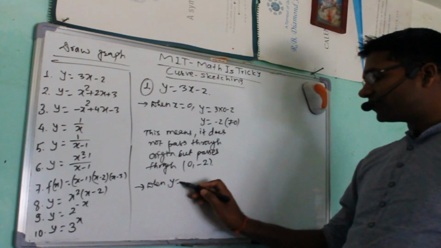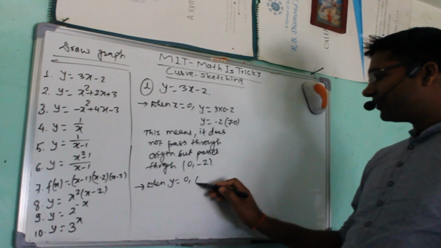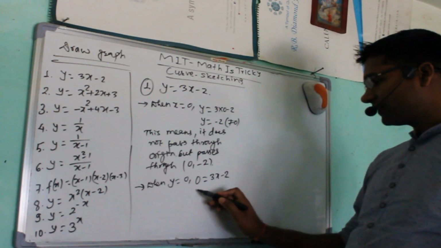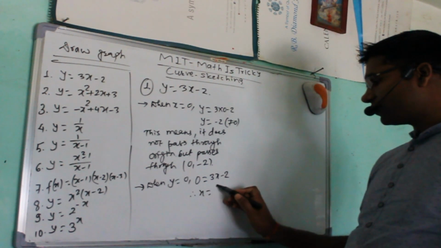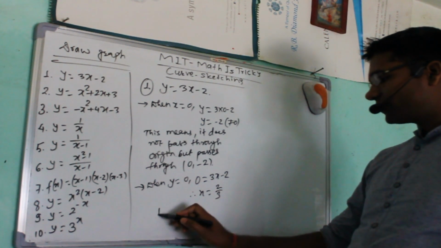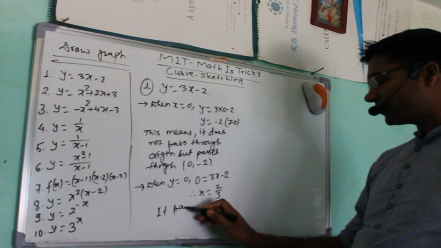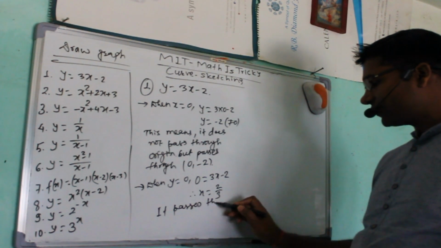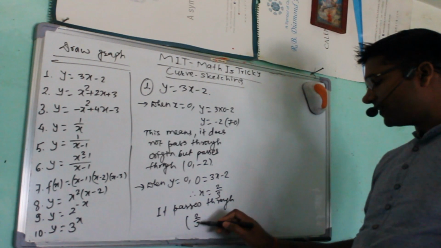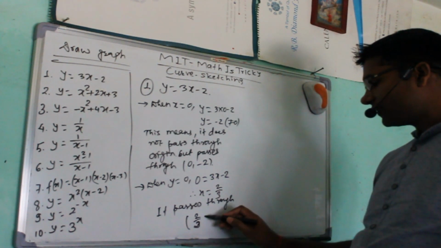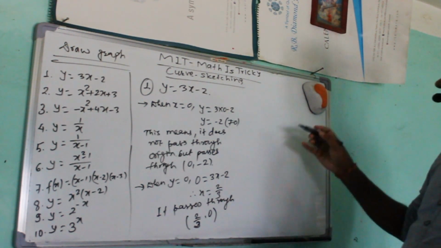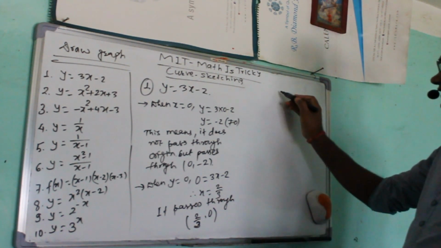When y equals 0, what will happen? Check that y equals 0 means 3x minus 2 equals 0, which gives here x equals 2 by 3. That is, it passes through 2 by 3 comma 0. This is the second point. Now after doing this, let me draw the graph.